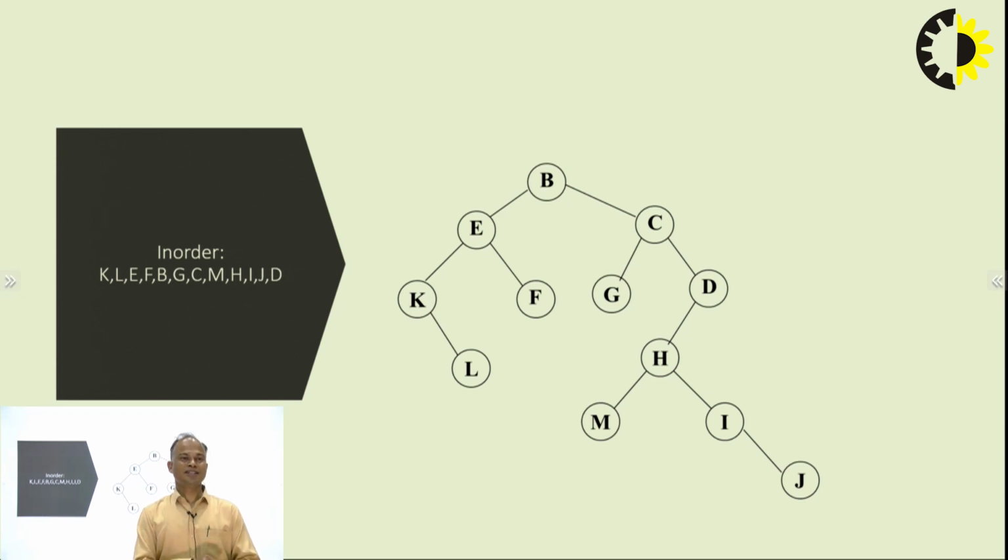Because for the construction of the tree, you need the root, you need the left part, and you need the right part. The left and right part you are able to identify from the in-order, and from the pre-order or post-order you are able to identify the root. So this is the conclusion of these three traversals.